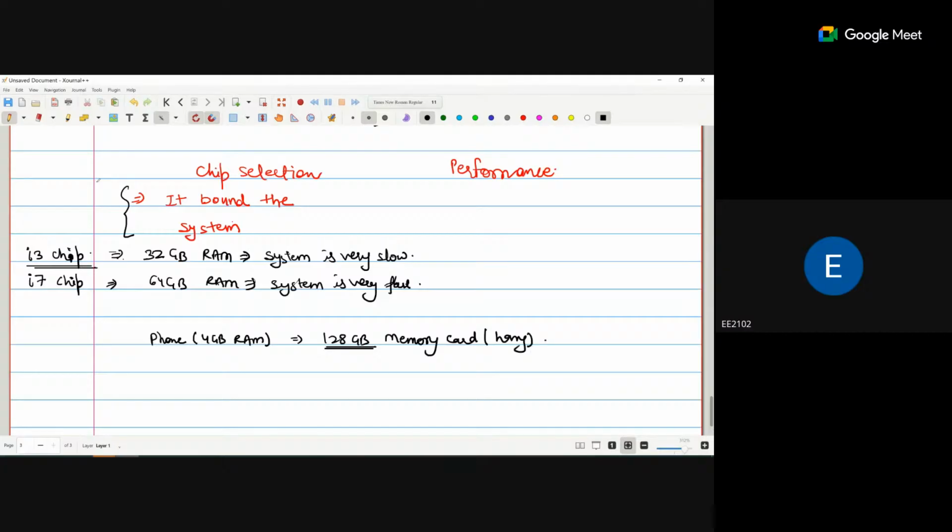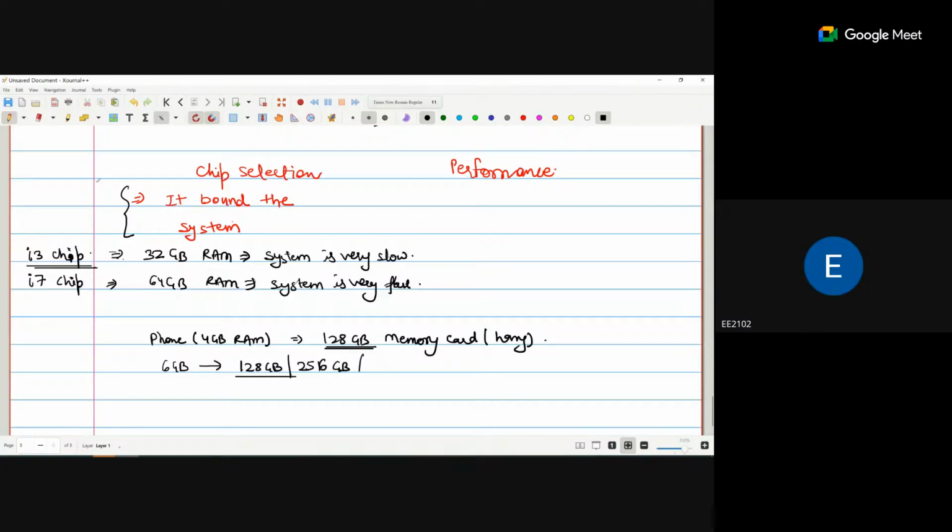Second thing, if you go to any online store and select a phone of 6 GB, the maximum size of the memory will be 128 GB, or in some phones it will be 256 GB, but maximum it will be 128 GB.